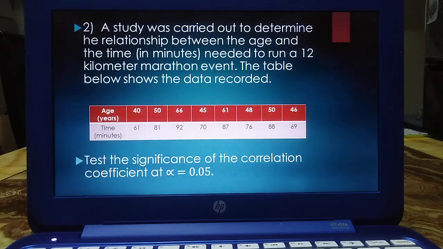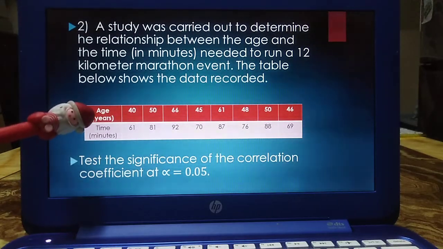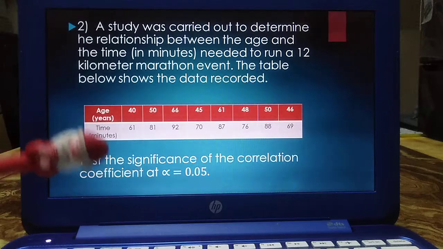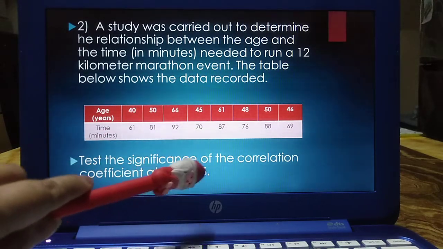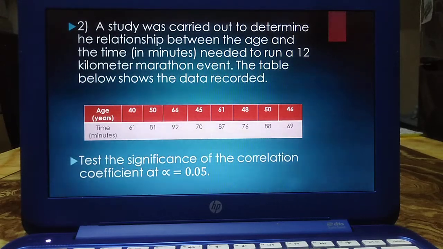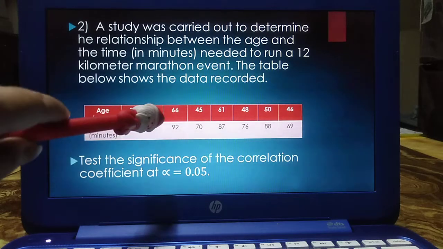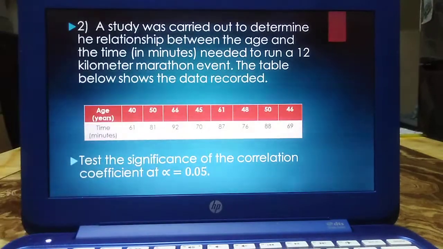Okay, for number 2, a study was carried out to determine the relationship between the age and the time in minutes needed to run a 12-kilometer marathon event. The table below shows the data recorded. So, age is X, time is Y. You now test significance of the correlation coefficient at 0.05, with 2, 4, 6, 8 data.